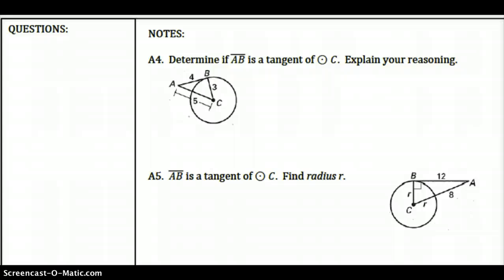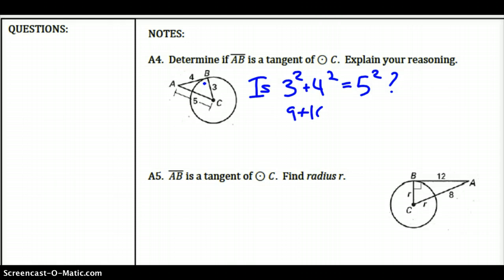As we continue here, again, this one goes back to our central question. What's the deal with tangents here? Now we're hoping that this angle is a right angle. So the question is, does 3 squared plus 4 squared equal 5 squared? And the answer is yes.